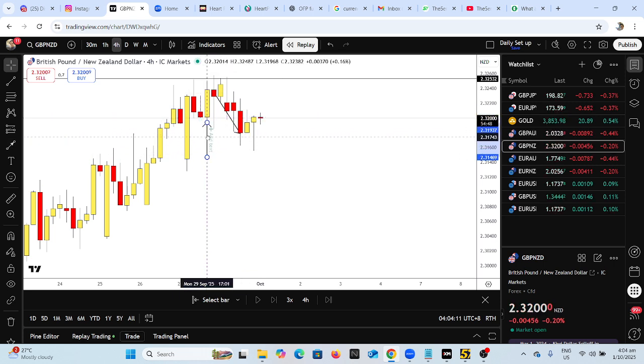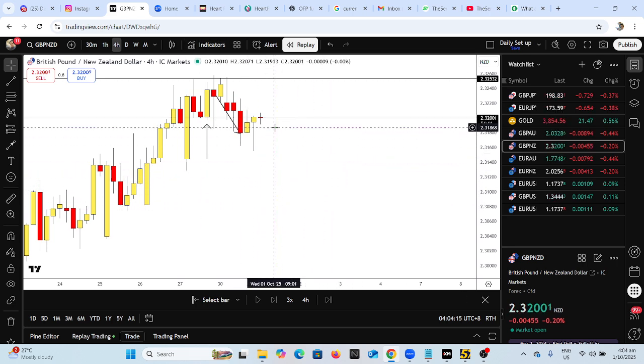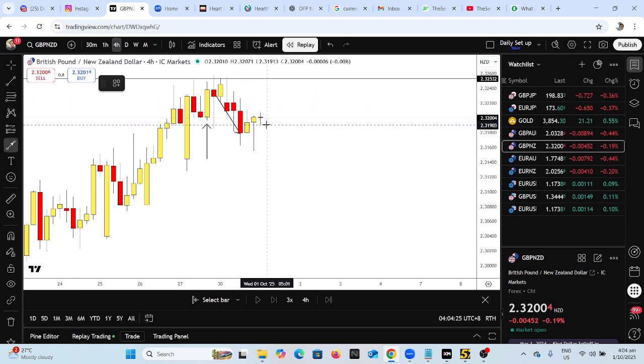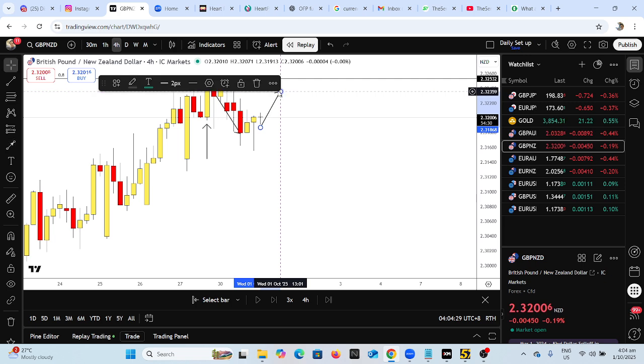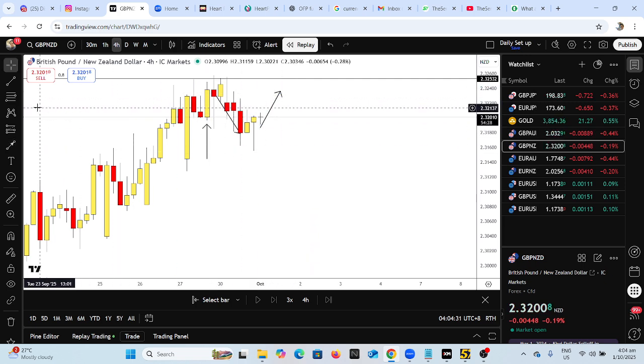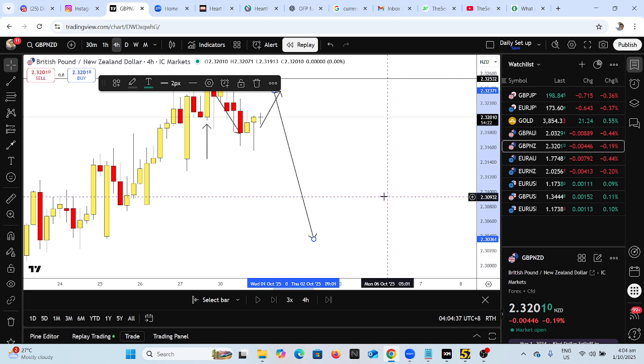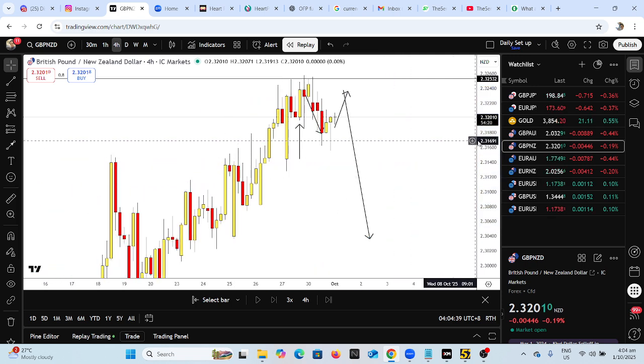So when it broke off this demand here, at this point of time, we do not want to be sellers. Not yet, because price already went down. So my expectation is for price to retest up until a certain supply level around here, and then I will look for a sell signal or a weak bar momentum around here, and then go for a short.